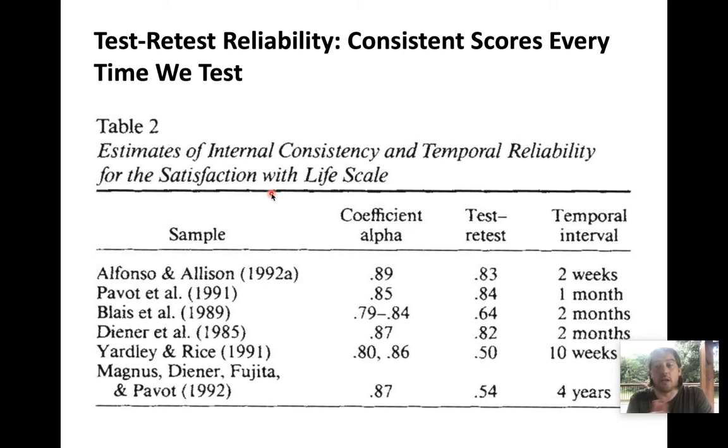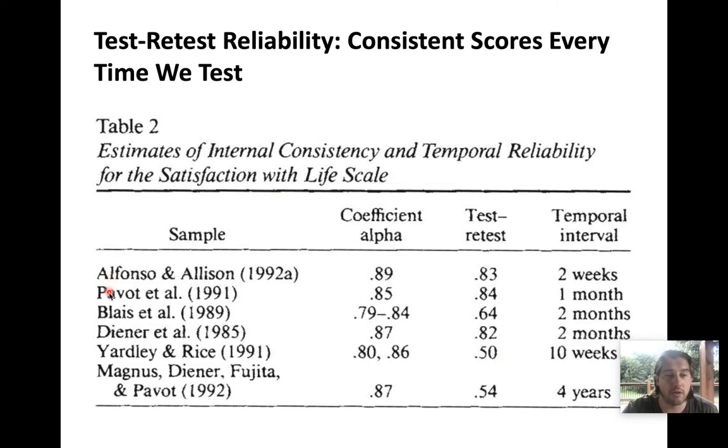If I wait a year, if I wait 2 years, if I wait 5 years, then we would expect life satisfaction to potentially change. So we would expect test-retest reliability to decrease over time for this. And in fact, this table shows us just that.